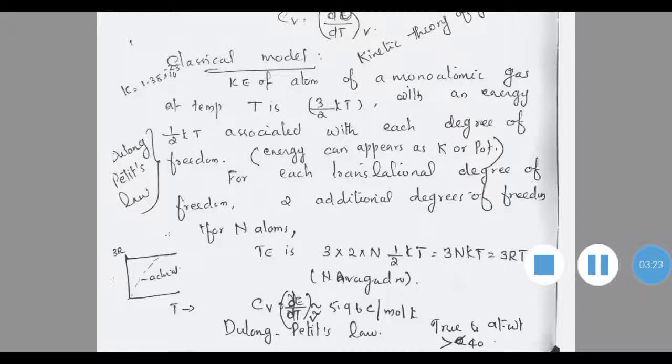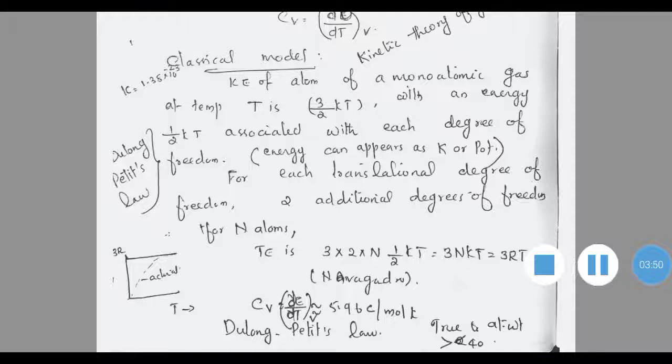If N is the number of atoms multiplied by the Boltzmann constant, for 1 mole it will be 3RT. So 3NkT is equal to 3RT, and for 1 mole of substance the total energy will be equal to 3RT.